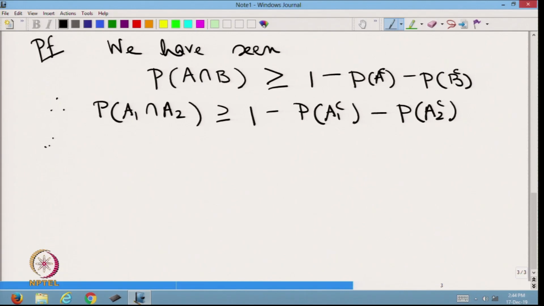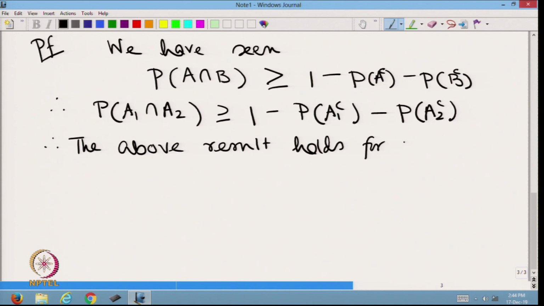Therefore, the above result holds for n is equal to 2. Consider n is equal to 3.